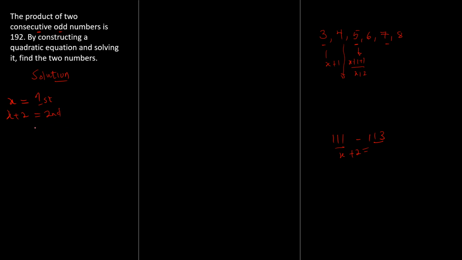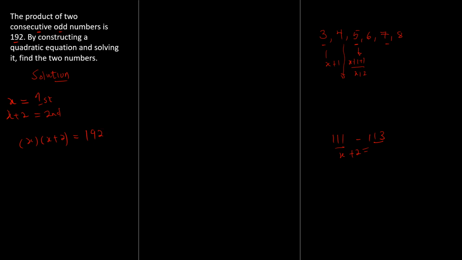Our product should actually be x multiplying x plus 2, and when you use the product, you're supposed to get the number they gave. It says the product of these numbers gave 192. So over here we have these workings.